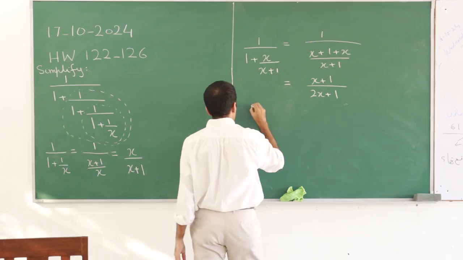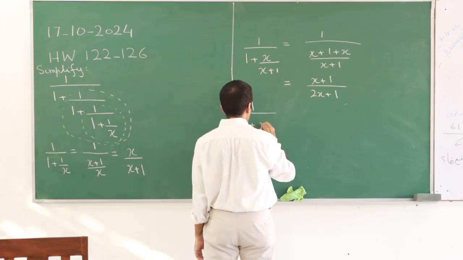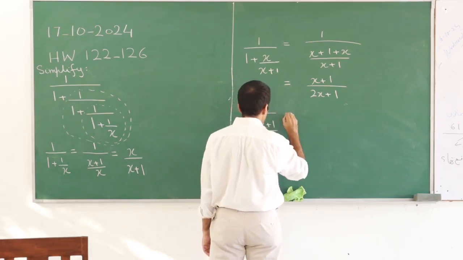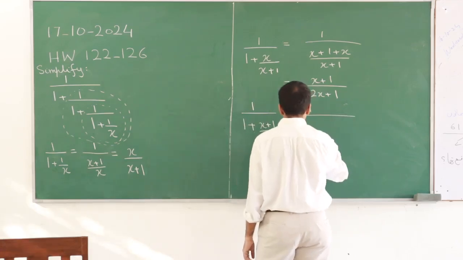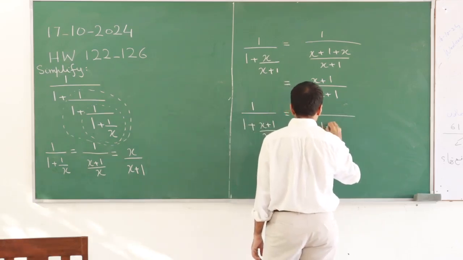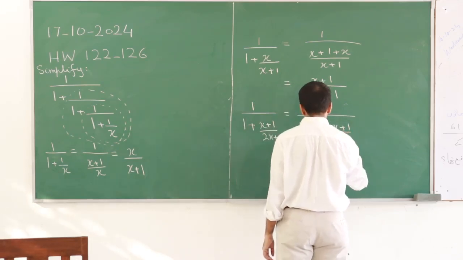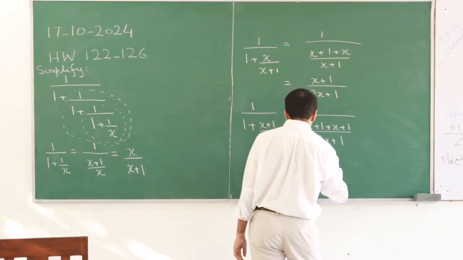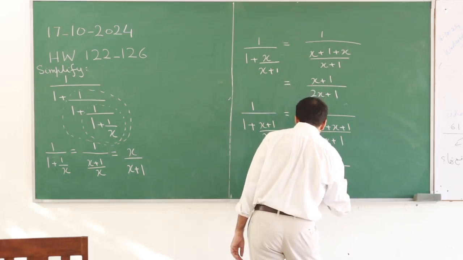So now the last part I have to do is 1 over 1 plus x plus 1 over 2x plus 1, which will be equal to 1 over 2x plus 1 plus x plus 1 over 2x plus 1, which will turn out to be equal to 2x plus 1 over 3x plus 2.